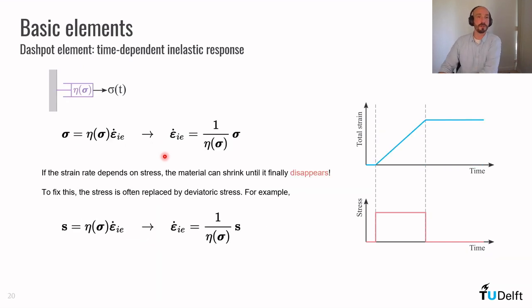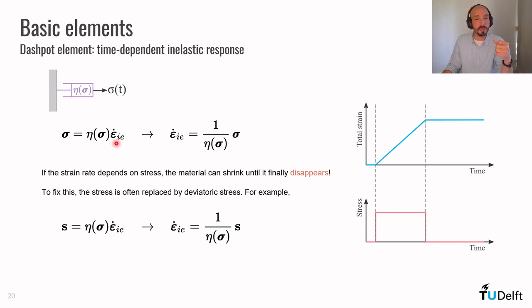Okay, now for the dashpot. The dashpot works like this. If we take a dashpot and try to move it at a certain speed, we have to apply a certain stress, and that depends on the viscosity of the dashpot. So the stress equals the viscosity of the fluid inside the dashpot multiplied by the velocity of deformation, or the strain rate.